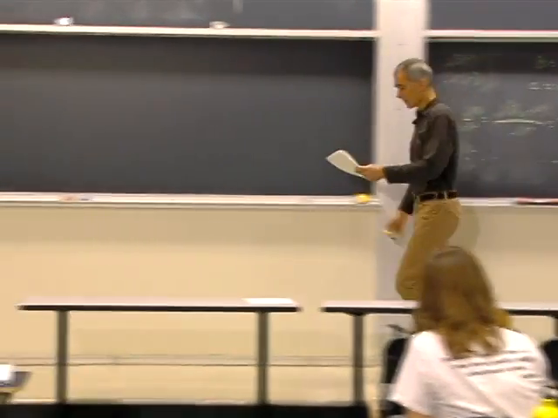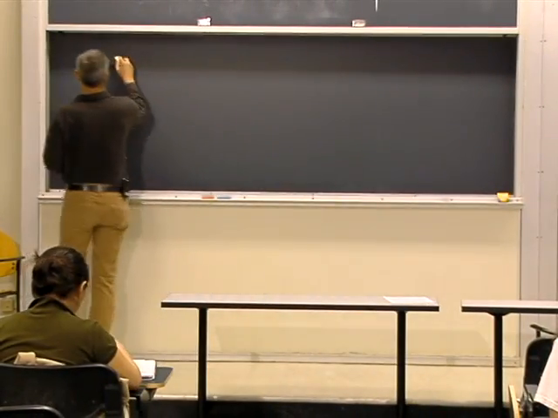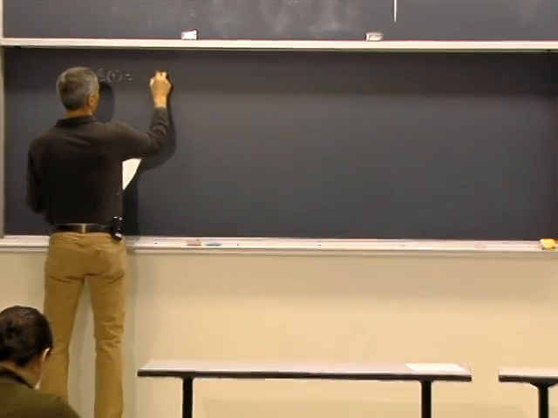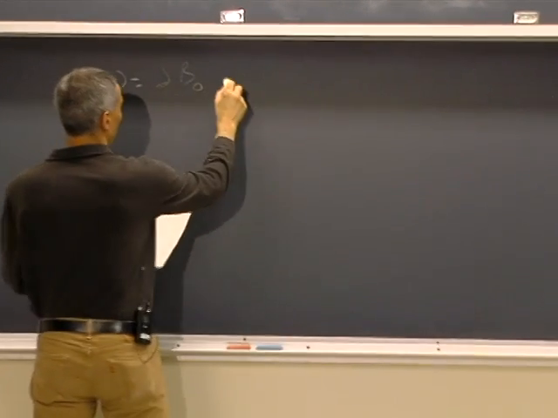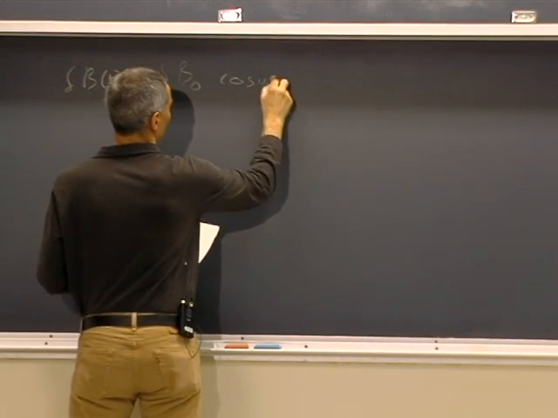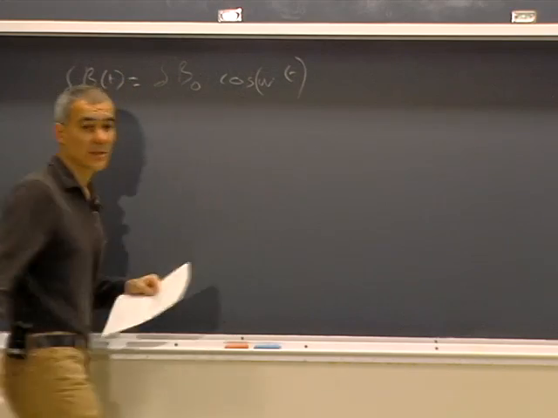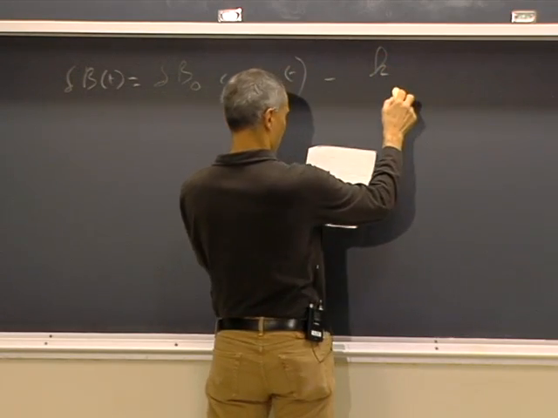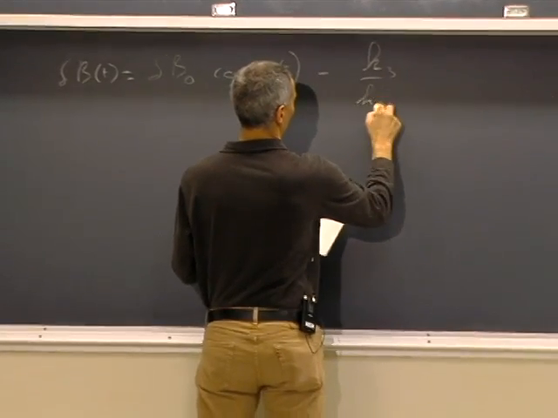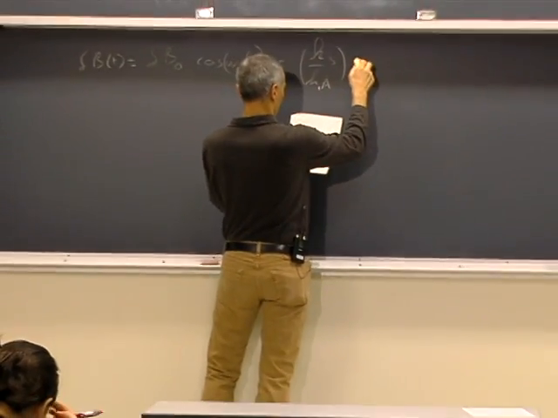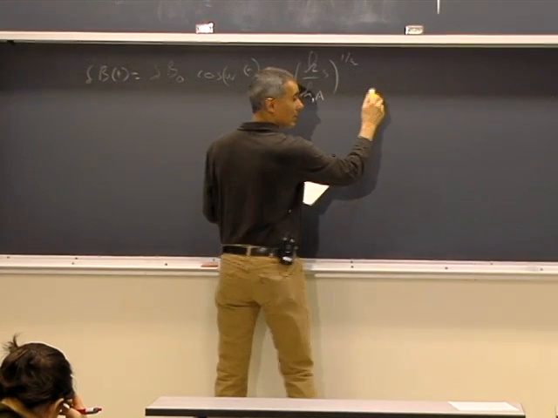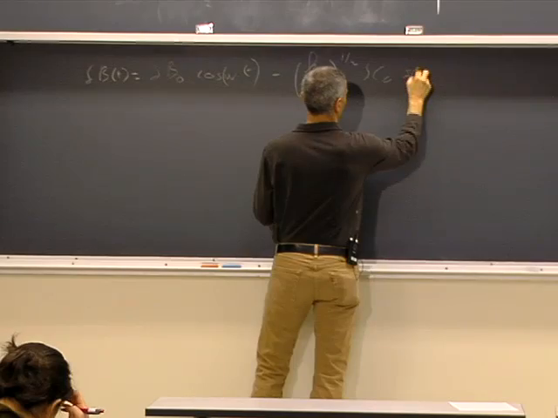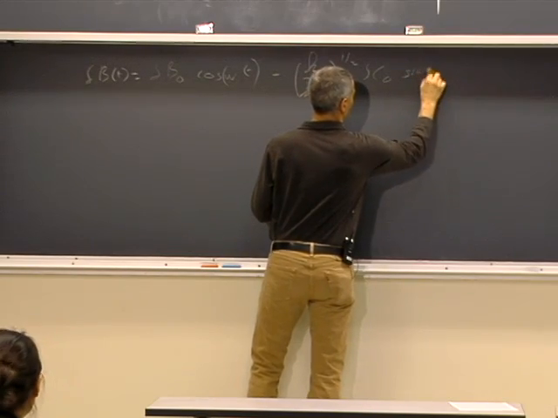And so the solutions are harmonic solutions. Delta B as a function of time is equal to delta B naught, the amount of the perturbation, times the cosine of omega t, where omega is the frequency of the oscillation, minus some prefactor here, K3 over K1A to the 1/2 power, times delta C naught sine of omega t.